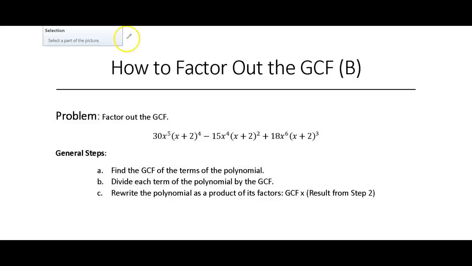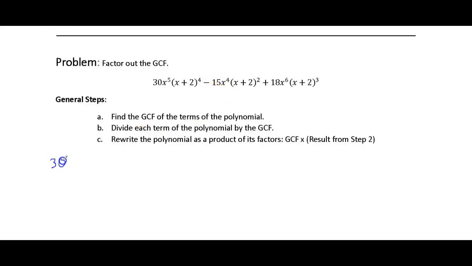So the first thing we're going to do is find the GCF of the terms of the polynomial. Let's start with the first term. We have 30x to the fifth times (x plus 2) to the fourth. 30 will factor to 2 times 3 times 5 times x to the fifth times (x plus 2) to the fourth. Next we have 15x to the fourth times (x plus 2) to the second.